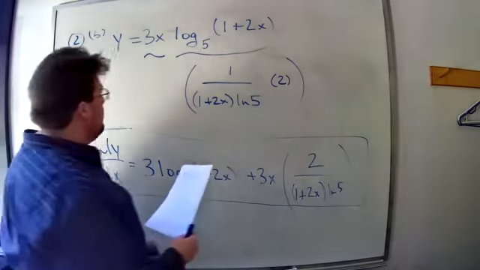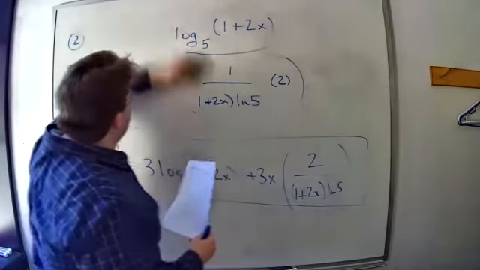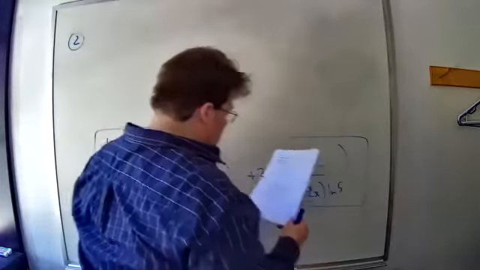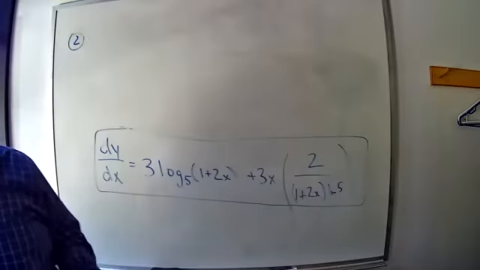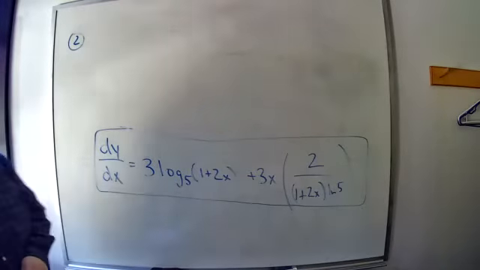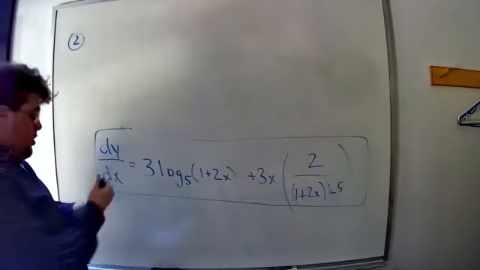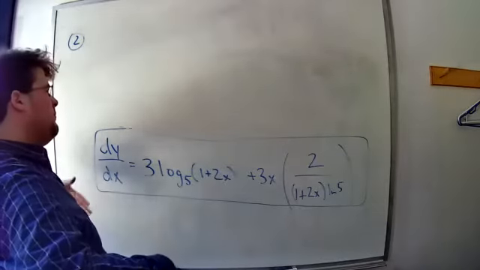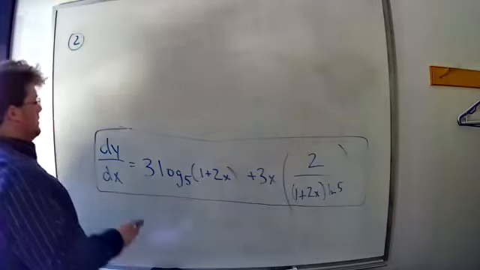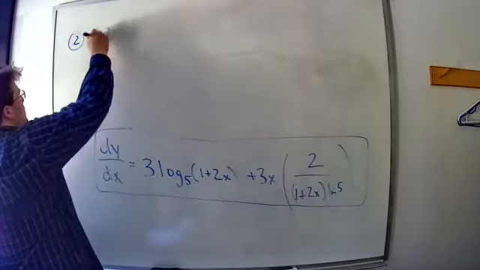Thank you for pointing that out. Part C, what do we have? We have log x to the cosine x. So notice parts 1b and 2c show both cases where we use a logarithm to help us turn something into a product.